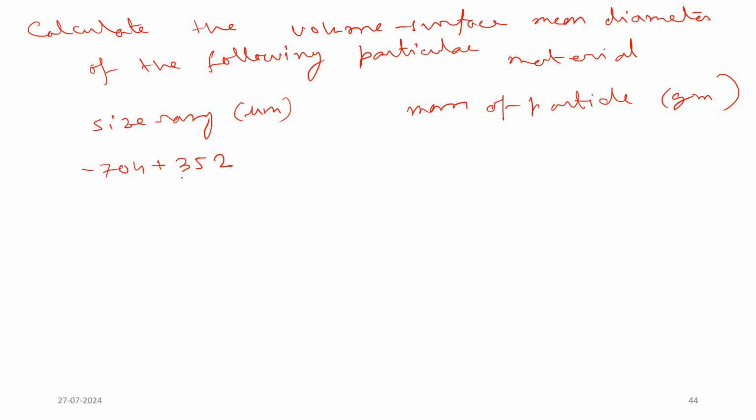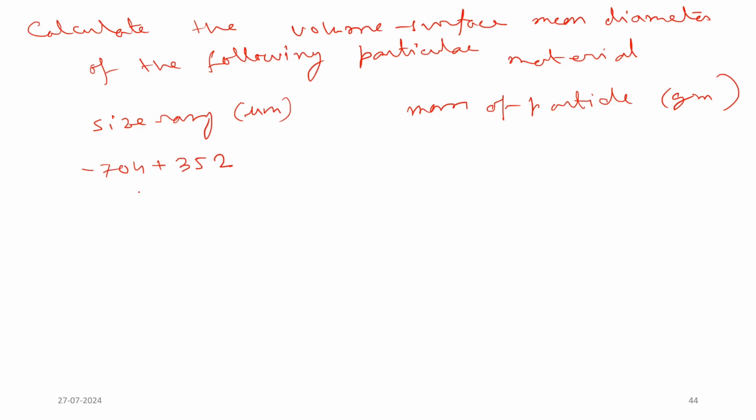Why is it given as minus? That means if the size of the particle is between 352 micrometer and 704 micrometer, then only this mesh can retain the particle. This is the undersize screen range.